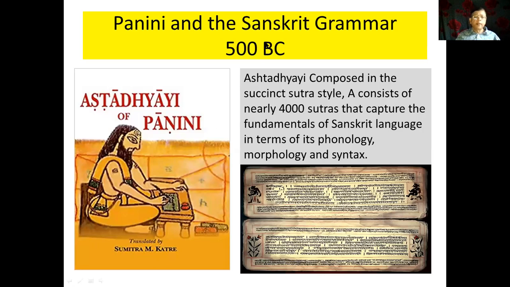Now, Panini and the Sanskrit grammar, which was written about 500 BC, as I told you. Probably at Taxila University, Panini wrote this book, Ashtadhyayi. Ashtadhyayi means a book with 8 chapters, and it was composed in the Sutra style. There is a very popular style in Indian scripture which is called Sutra.